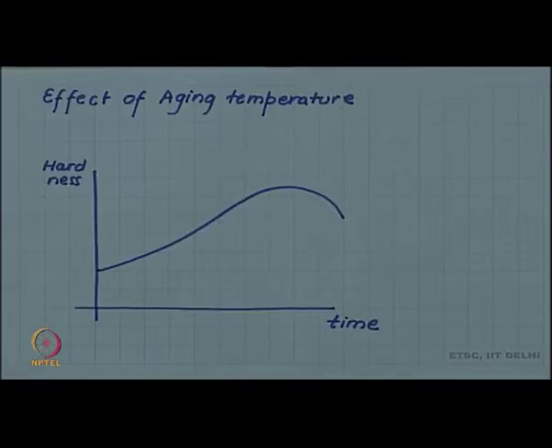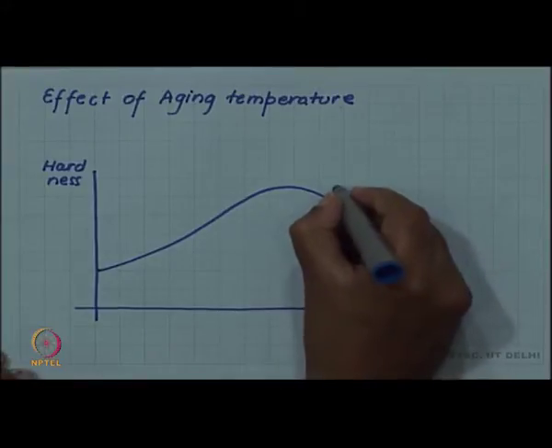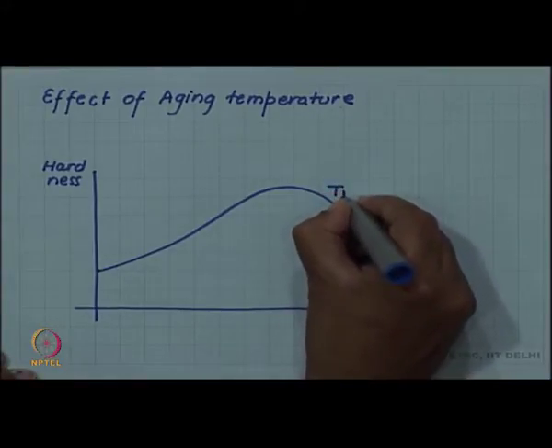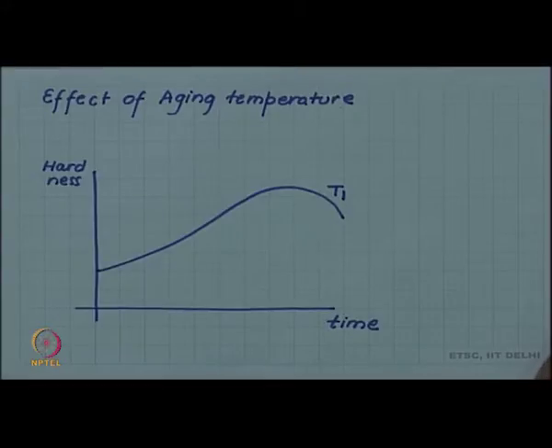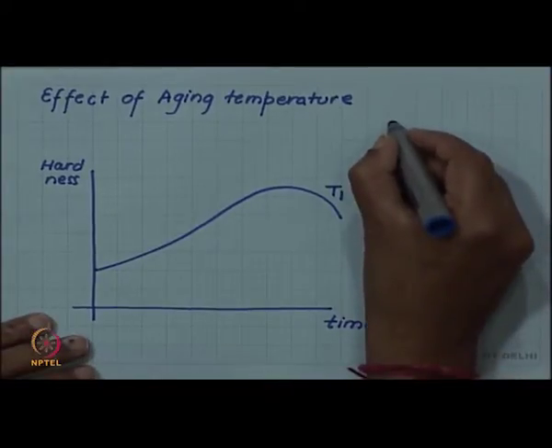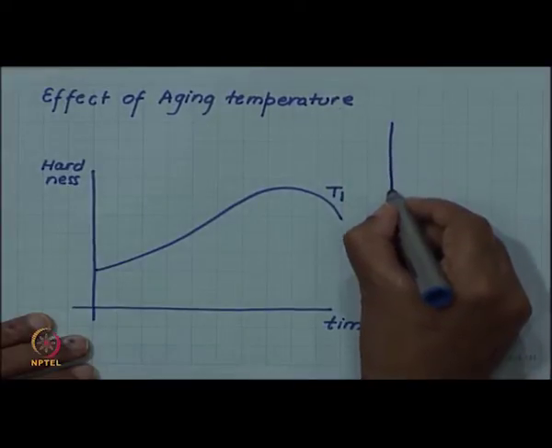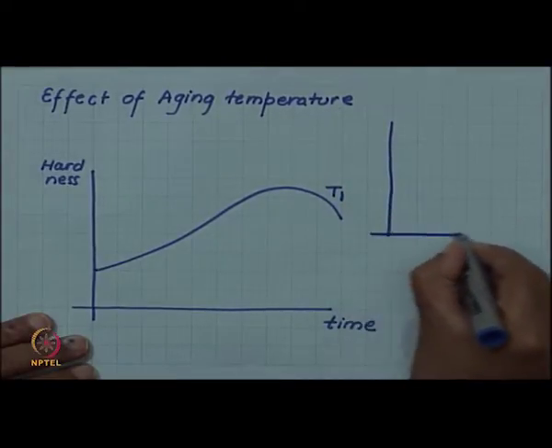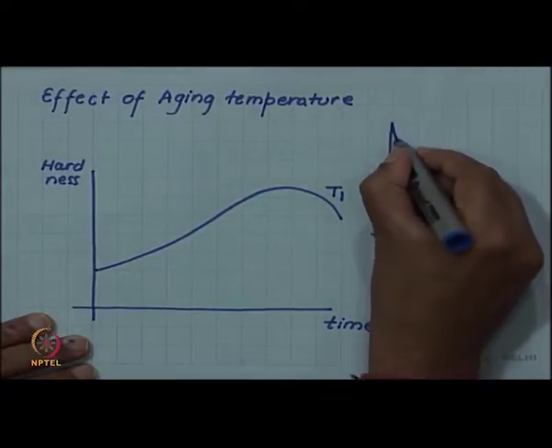Now, let us look at what is the effect of aging temperature. So, let us say that this blue curve is at some aging temperature, because you can do the aging at different temperatures. Remember, if I can draw the phase diagram for you again.